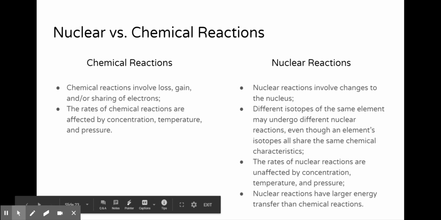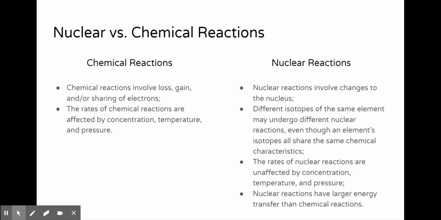Let's compare nuclear versus chemical reactions. In a chemical reaction, you involve loss, gain, and or sharing of electrons. The rates of chemical reactions are affected by concentration, temperature, and pressure. Whereas nuclear reactions involve changes to the nucleus.